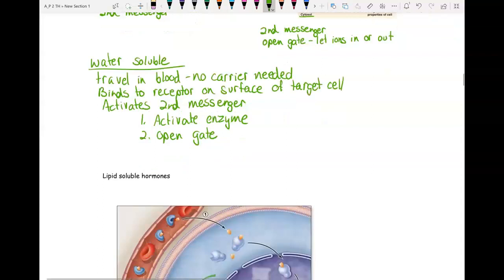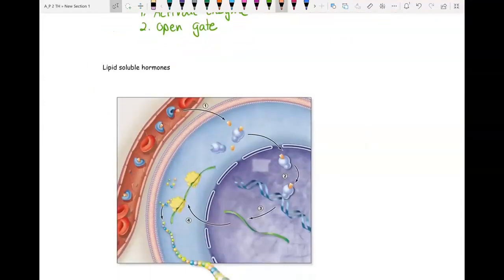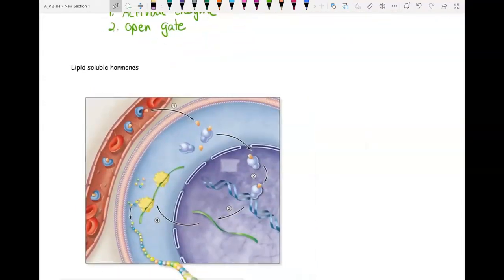Now we'll look at lipid-soluble hormones. Lipid-soluble are the steroid hormones, because remember they are made from cholesterol, and cholesterol is a lipid. And thyroid hormone. Thyroid hormone is a biogenic amine, but it's lipid-soluble. So it's the exception to the rule.